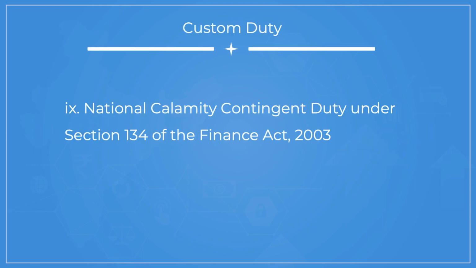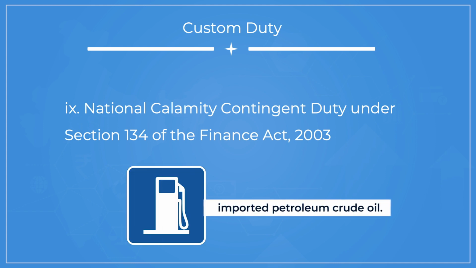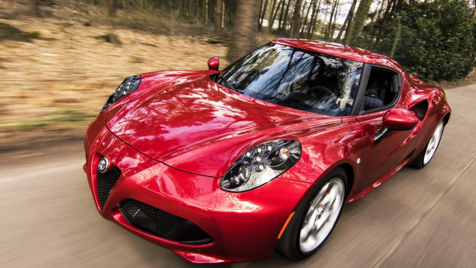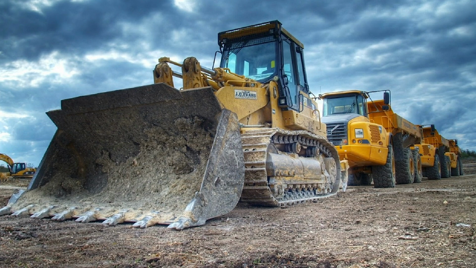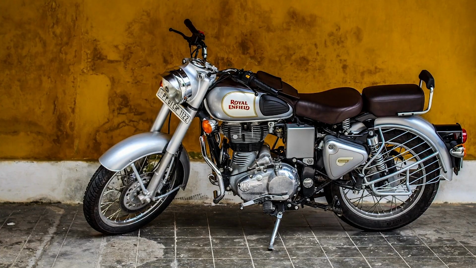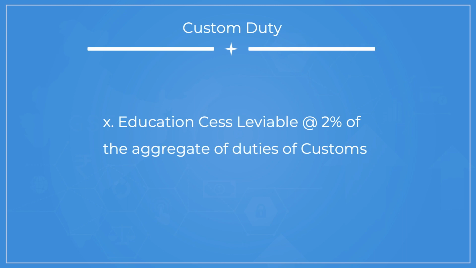National Calamity Contingent Duty. This duty was imposed under section 134 of the Finance Act 2003 on imported petroleum crude oil. This tax was also leviable on motor cars, imported multi-utility vehicles, two-wheelers and mobile phones. Education cess.